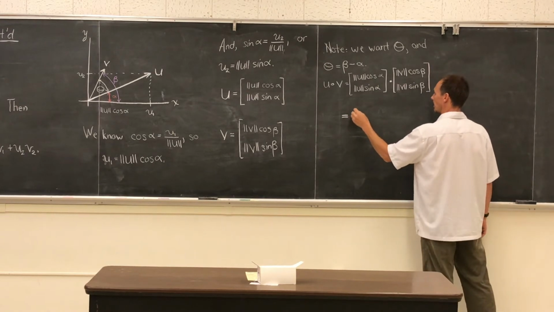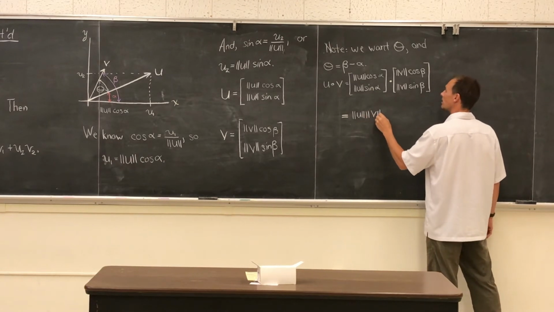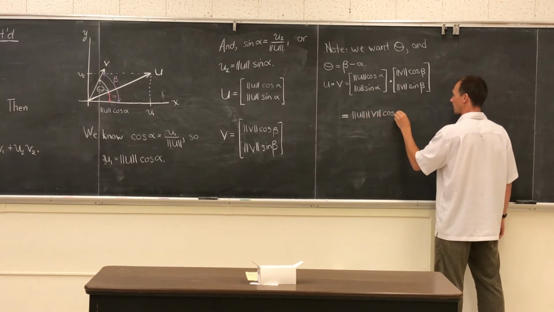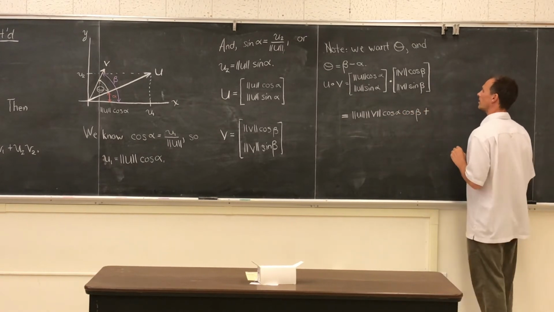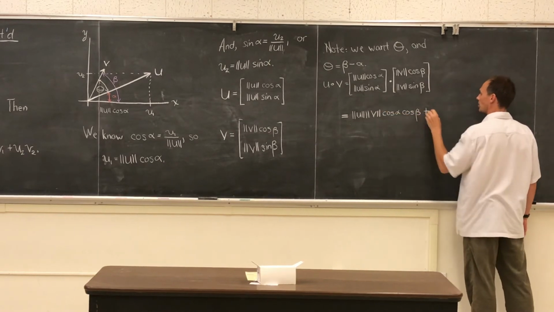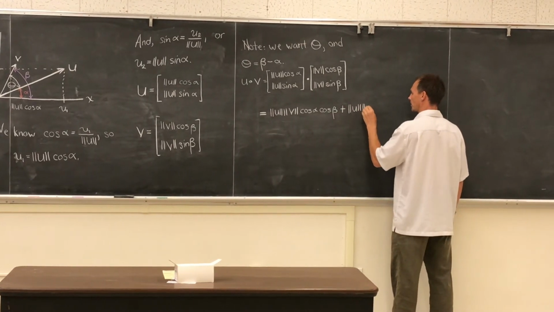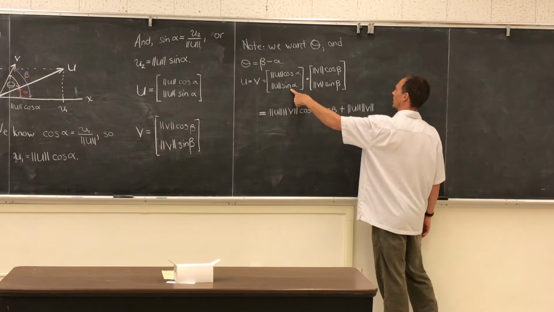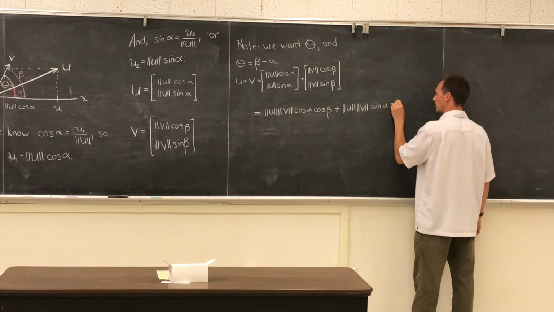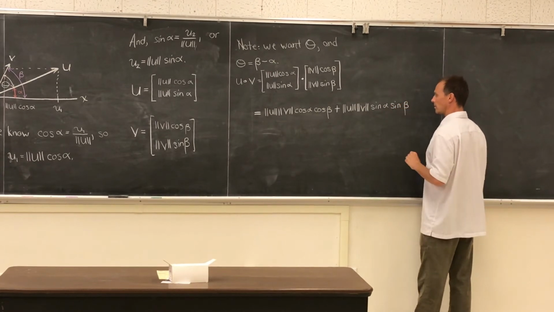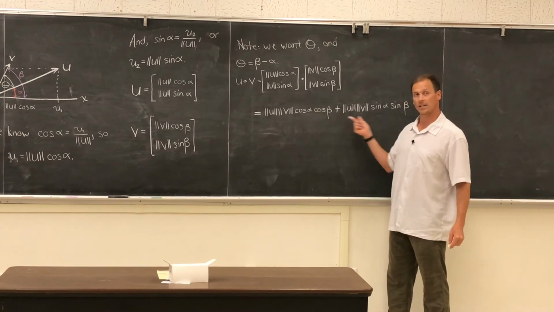So that's going to be the length of u times the length of v times the cosine of alpha times the cosine of beta, plus, then we have the u2 component, so that's the length of u times the length of v, cosine alpha, sine beta. Sine alpha, sine beta. Let's notice that the cosines and sines, there's nothing clean about that.